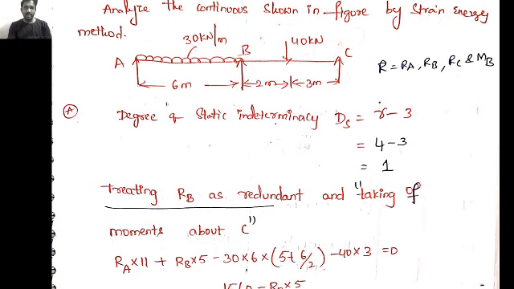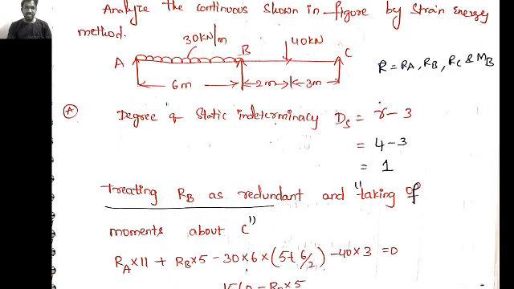Treating RB as redundant means RB is an extra force in this continuous beam. What is the purpose of applying this redundancy? There is a method, Castigliano's second theorem. What does it explain?